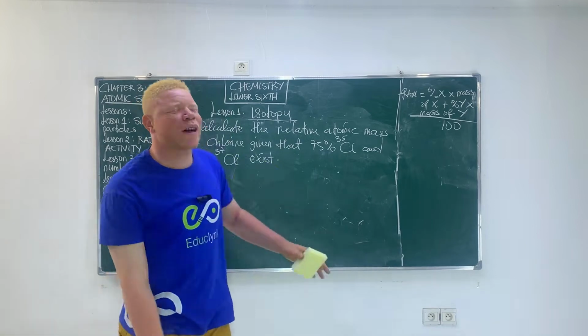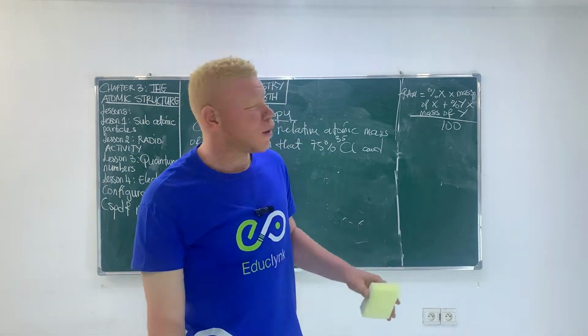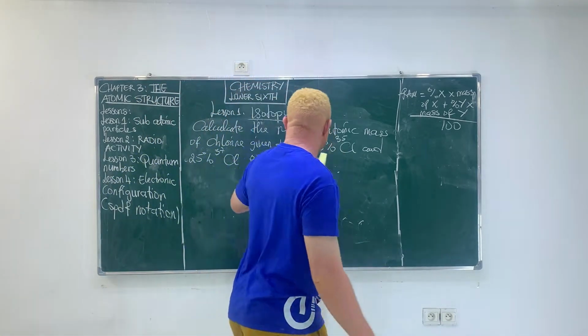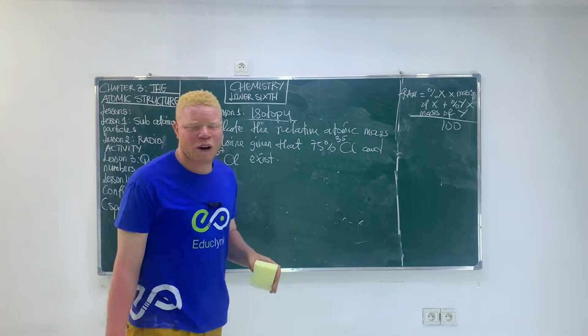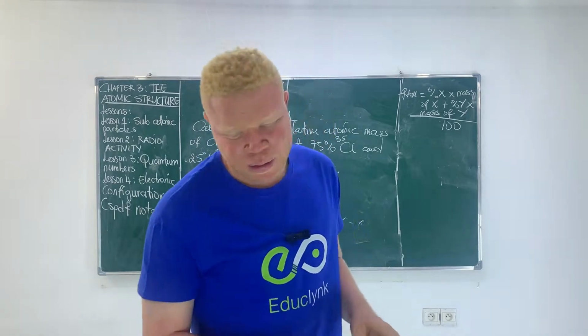In this case, we have been given two isotopes. We have the isotope of chlorine, that's chlorine 35. We have also the isotope chlorine 37. We have been asked to calculate the relative atomic mass.